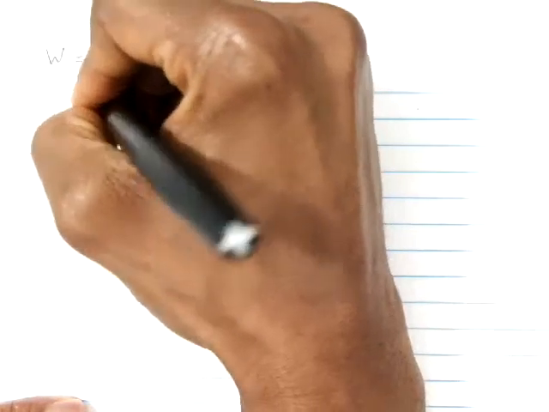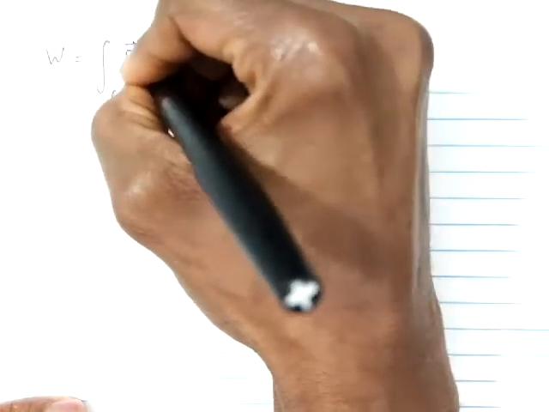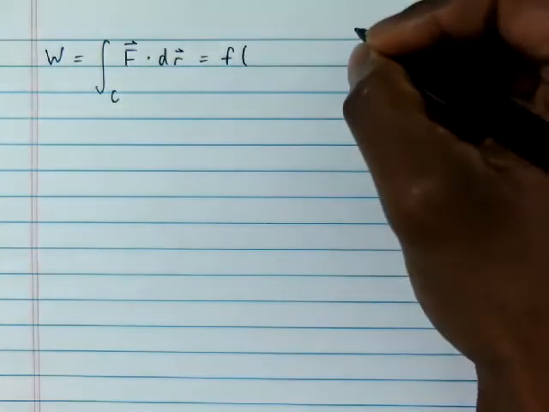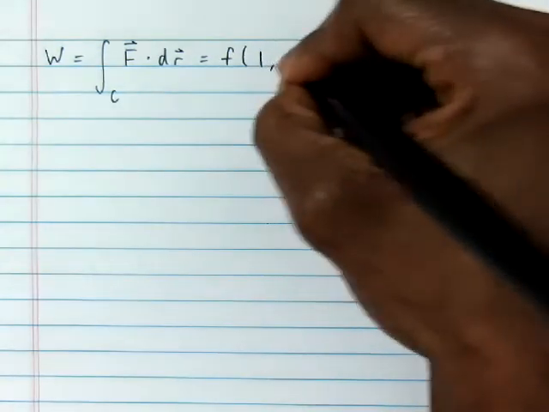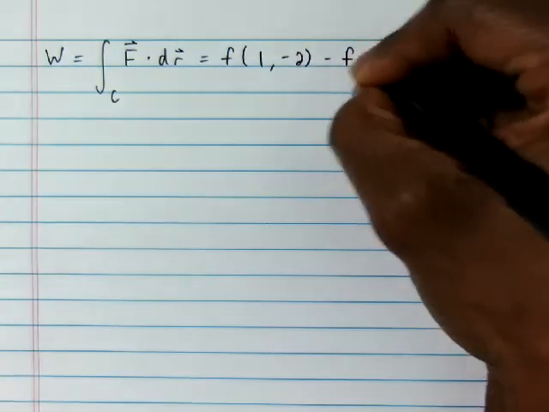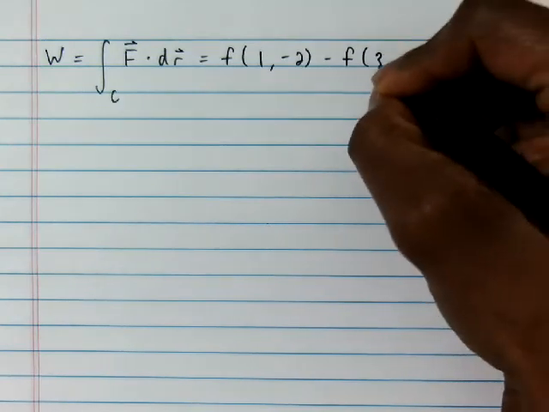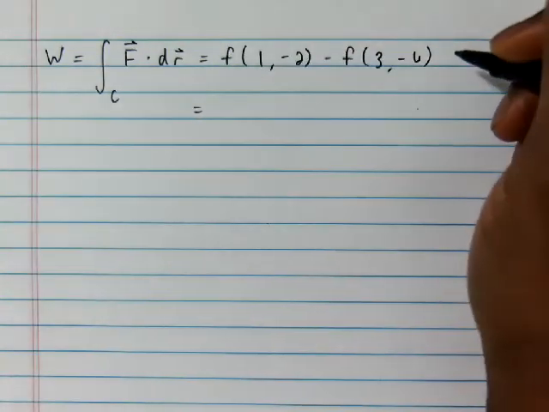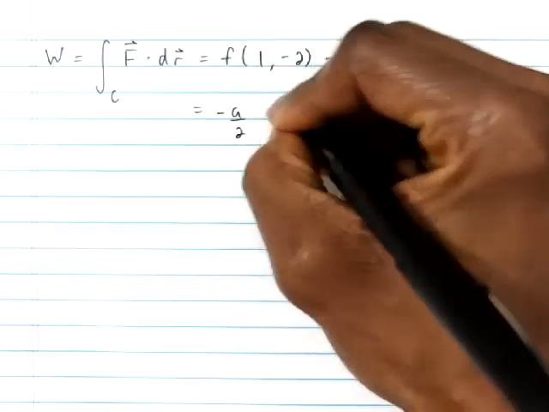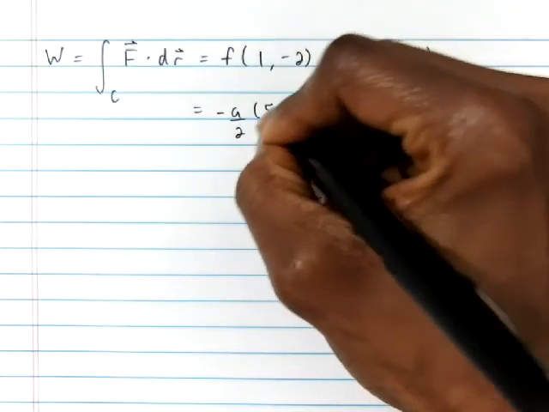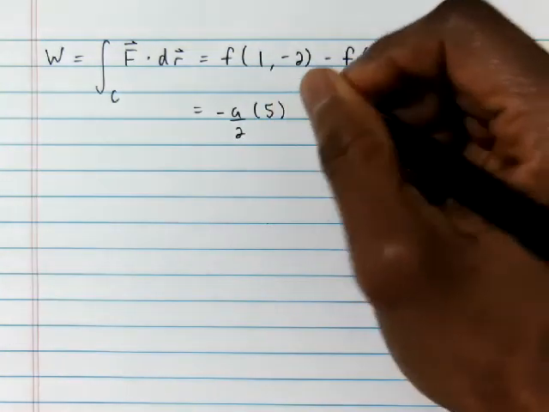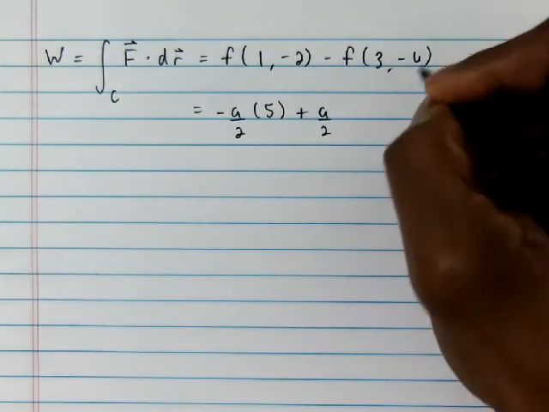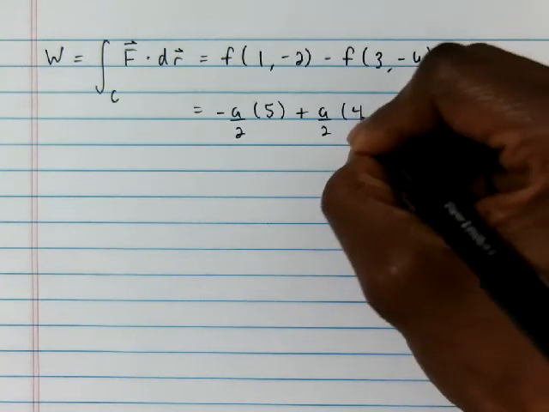So W equals the line integral over C of F dot dr, which is going to be our scalar function f evaluated at 1, negative 2 minus f evaluated at 3, negative 6, which was negative a over 2 times 5, and then minus negative a over 2, so plus a over 2 times 45.